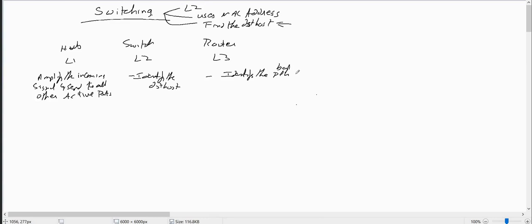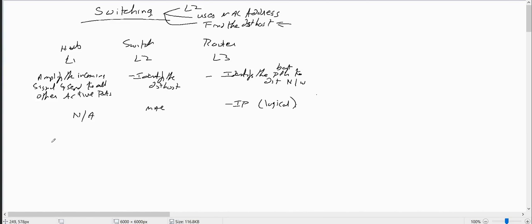Now, because there's no identification for a hub, there's no addressing schema applicable, nothing applicable. When it comes to a switch, it uses the MAC address. When it comes to a router, it uses the IP address. More authentically, you should say logical address. But today with everything being TCP/IP, IP address is what you can safely say.